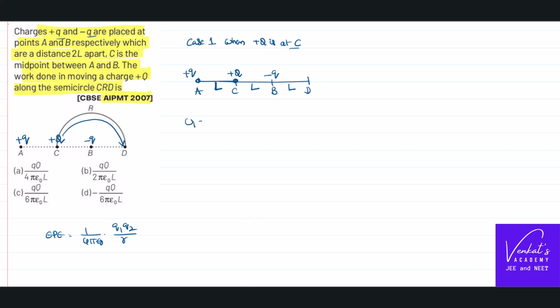So the initial potential energy of the system is 1 by 4 pi epsilon naught, which is common for all of them, times: between plus q and plus capital Q, qQ by L. Now between minus q and plus capital Q, minus qQ by L. Between small q and minus small q, minus q times q by the distance between them, which is 2L.